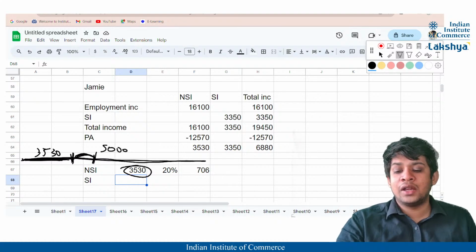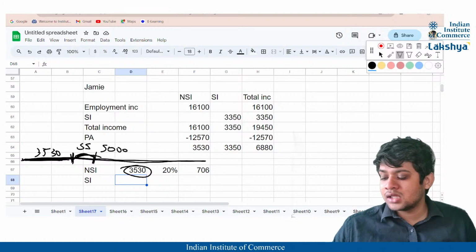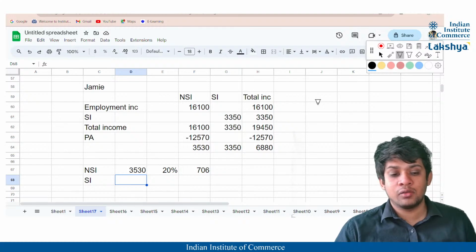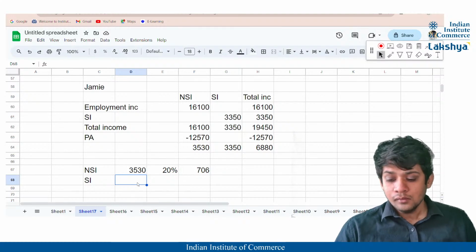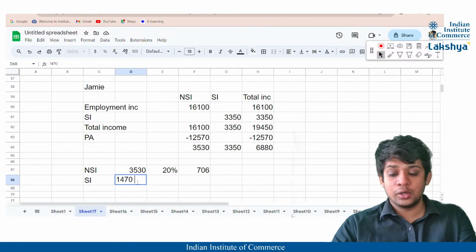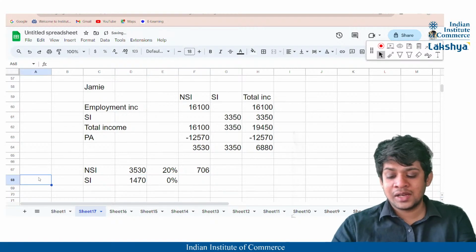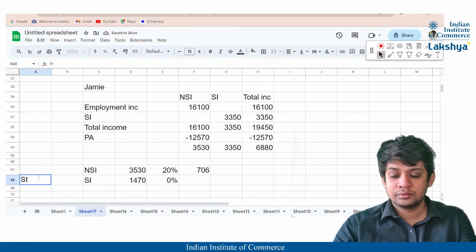So the remainder of the value can be considered as my savings income starting rate band. So from 3530 to 5,000, that is 5,000 minus 3530, 1470 worth of income is going to be charged at 0%. That is known as my starting rate band.